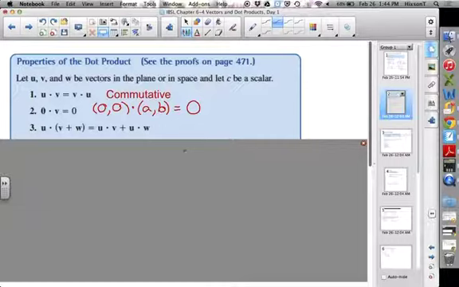The third one, u dot the quantity v plus w equals u dot v plus u dot w. What property is this? Distributive. That's our distributive property, okay?